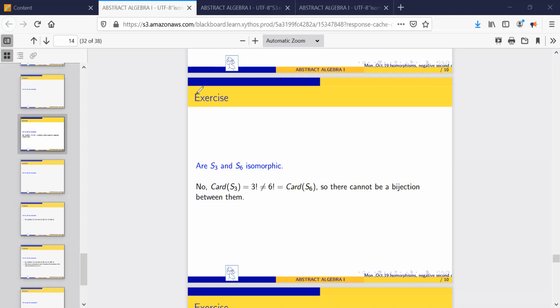Is it the same problem? Yeah, it's the same Z8. You will get 6. So I'm mapping phi of 1 to 2.